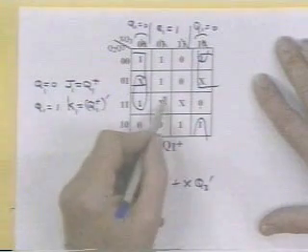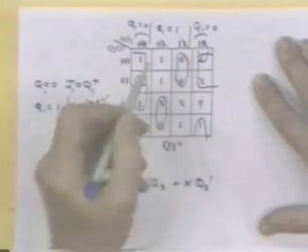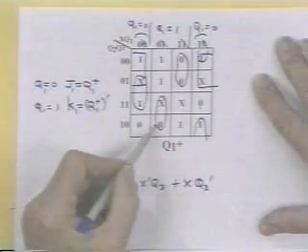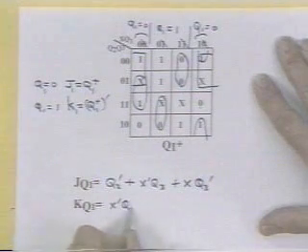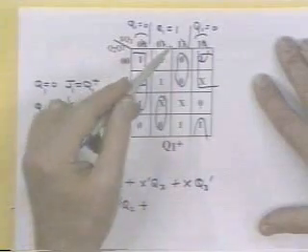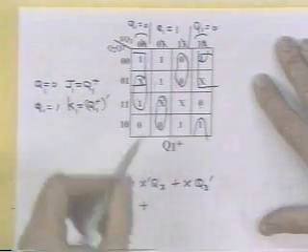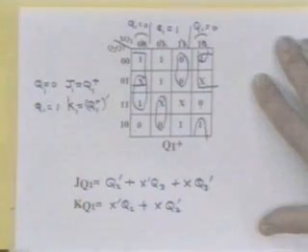So here's a 0 and a don't care, and here's a pair of zeros. So I have 2 terms. This term here is X prime Q2. And the next term here is X Q2 prime. So that takes care of flip-flop number 1.